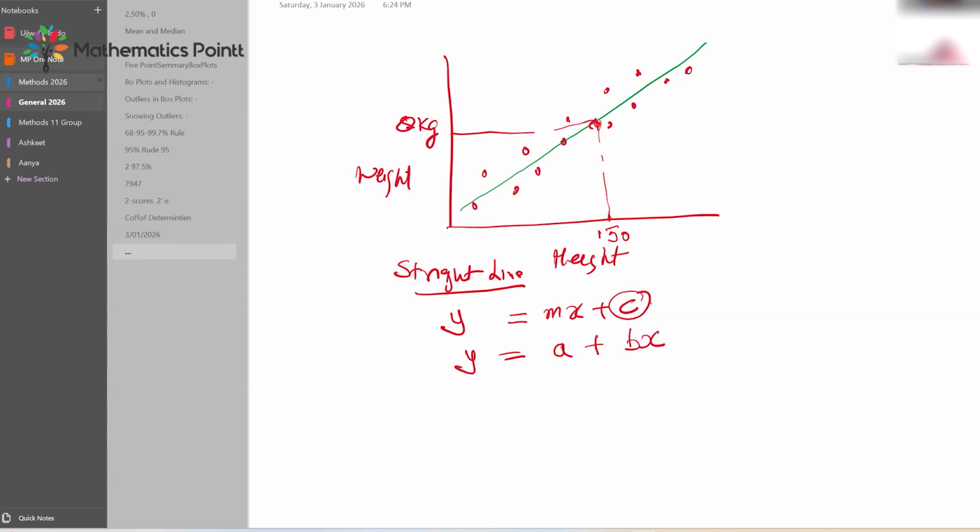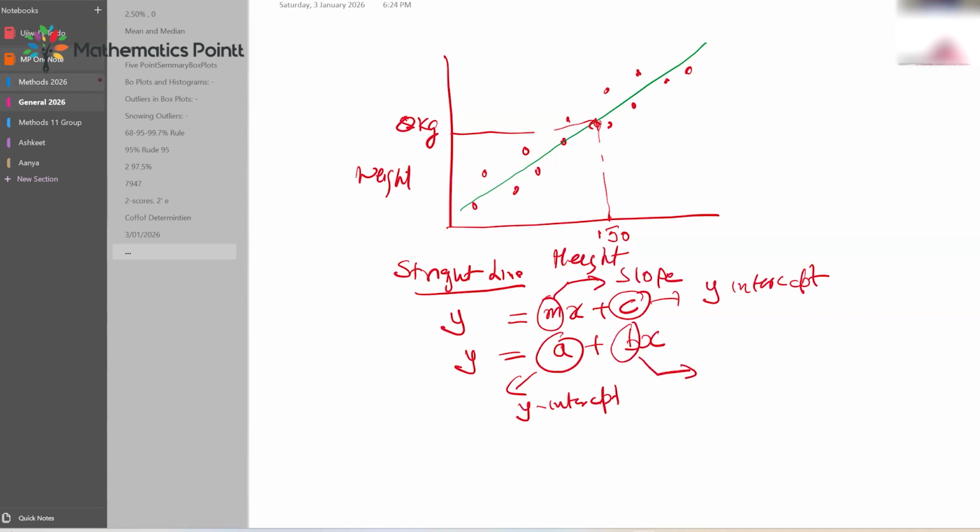We write it the other way around. This c is the y-intercept, if you remember. Similarly, this a is also the y-intercept of this line. M was the slope.